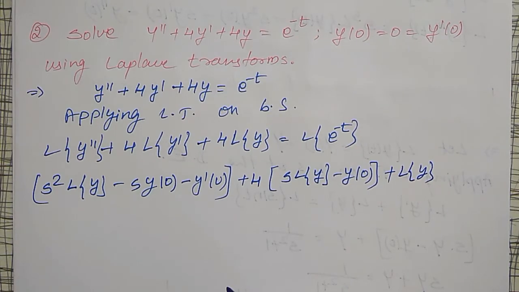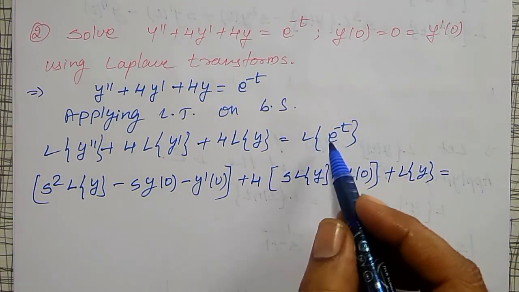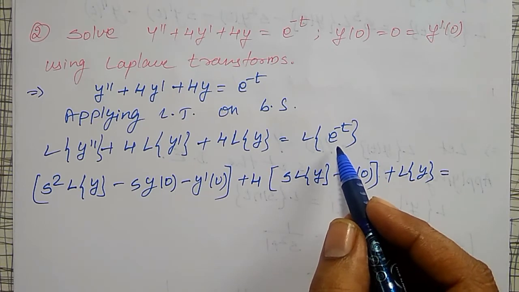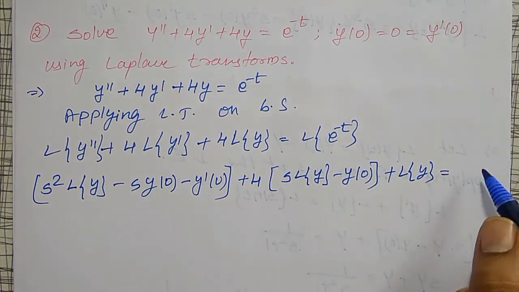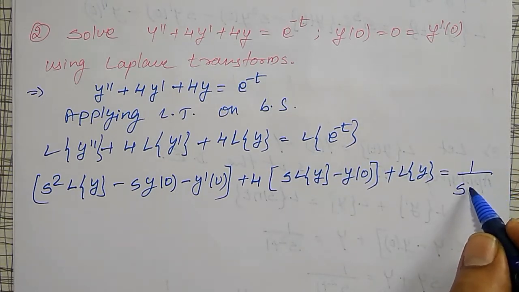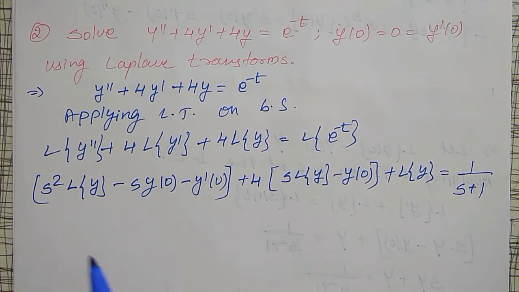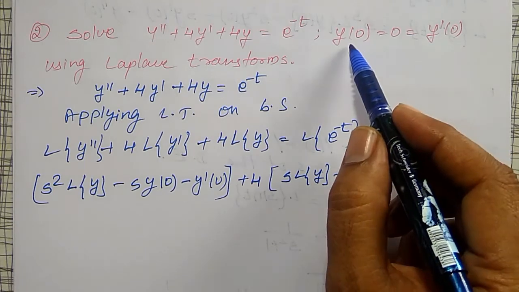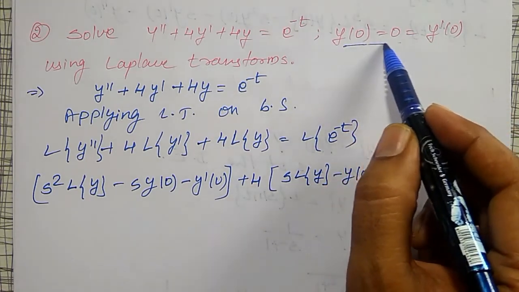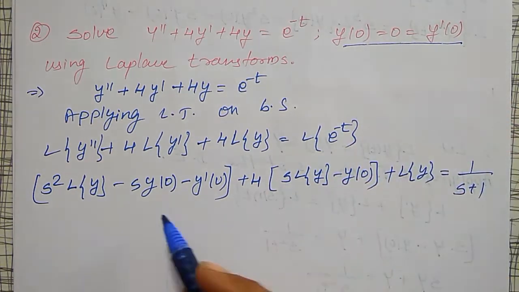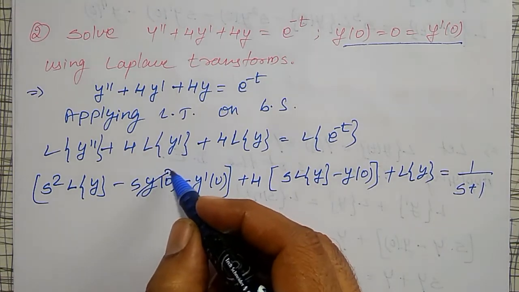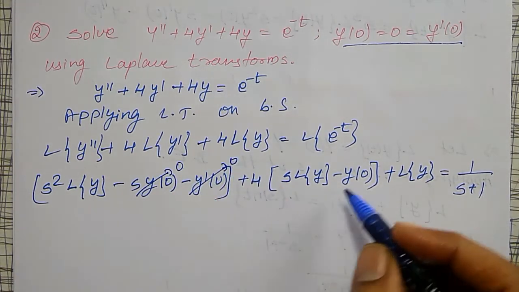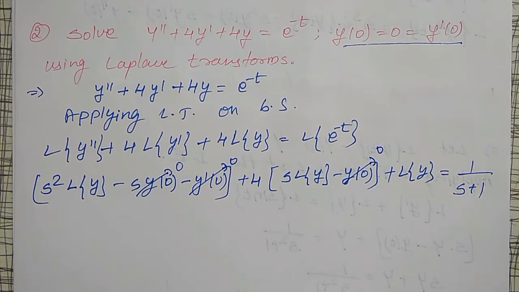On the right hand side also I have to apply Laplace transform: e to the power minus t is nothing but 1 divided by s plus 1. In this I will use my initial conditions, y of 0 equal to 0 and y dash of 0 also equal to 0. Therefore these terms become 0.